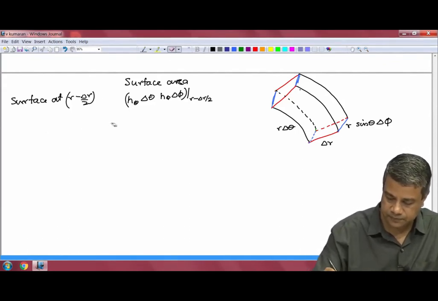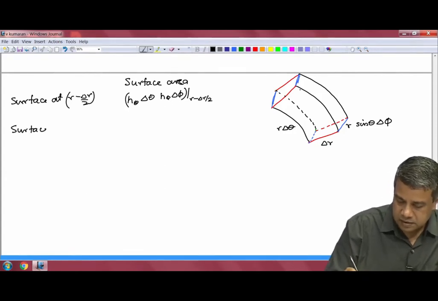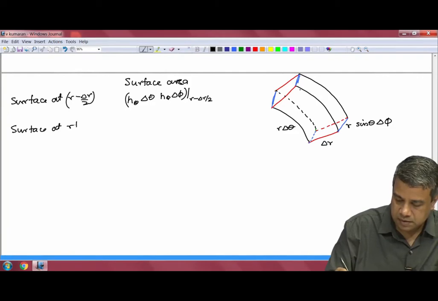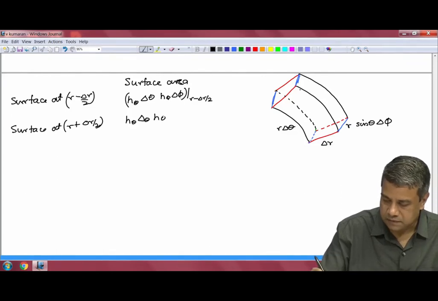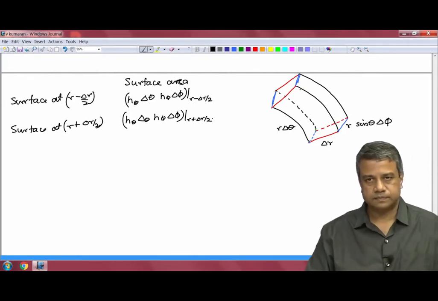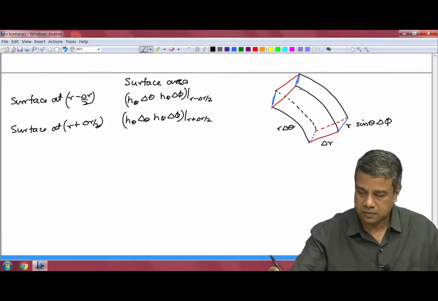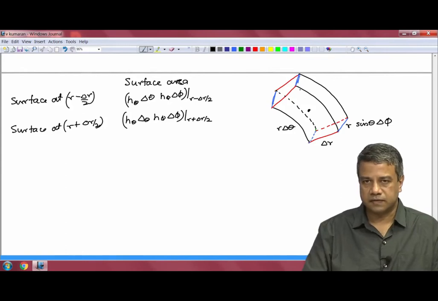The surface at r plus delta r by 2 is going to be h theta delta theta h phi delta phi at r plus delta r by 2. So, those are the two surfaces at r minus delta r by 2 and r plus delta r by 2 about this location r, theta, phi.